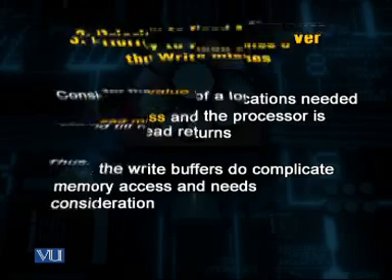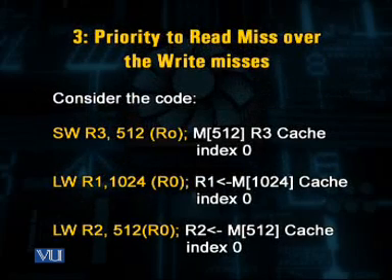For this purpose, let us consider this code shown over here, where the first instruction is a store instruction and the second and the third instructions are the load word instructions to a location which is 512 or 1024.